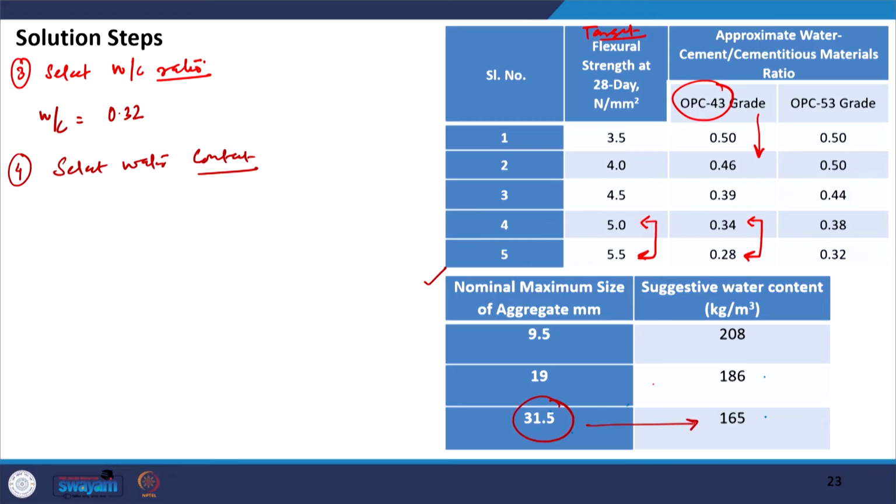So, the water content to be selected is 165. But if you remember again, there were a few conditions here, that this table is for a slump of 50 mm, okay, and we are not considering the use of any admixtures here. So, our design slump is 25 mm.